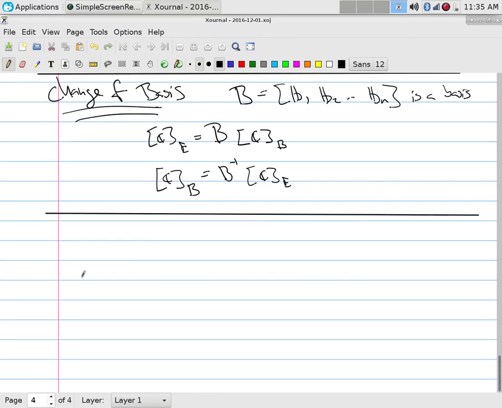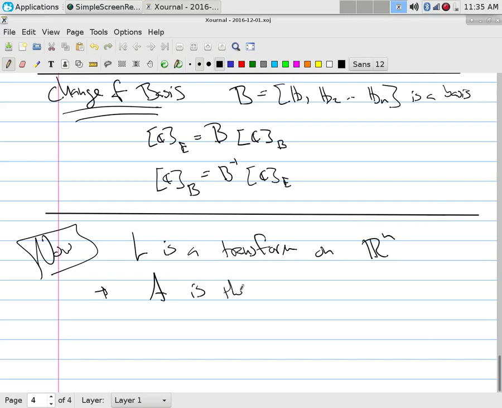So here's the kind of interesting thought. L is a transform on Rn. And we found A is the matrix representation of L in the standard basis, right?